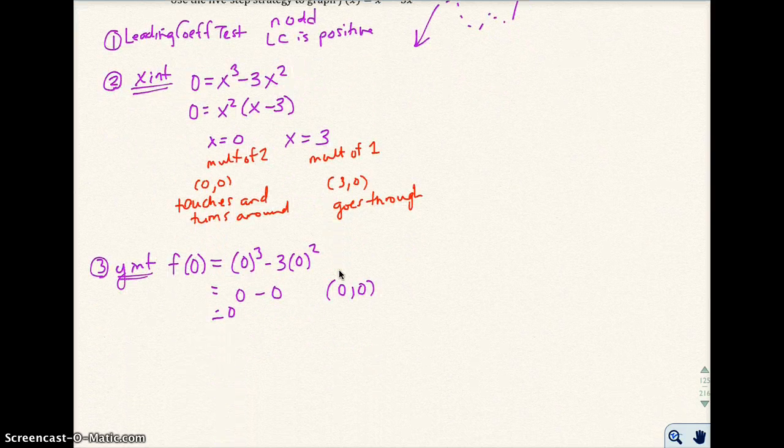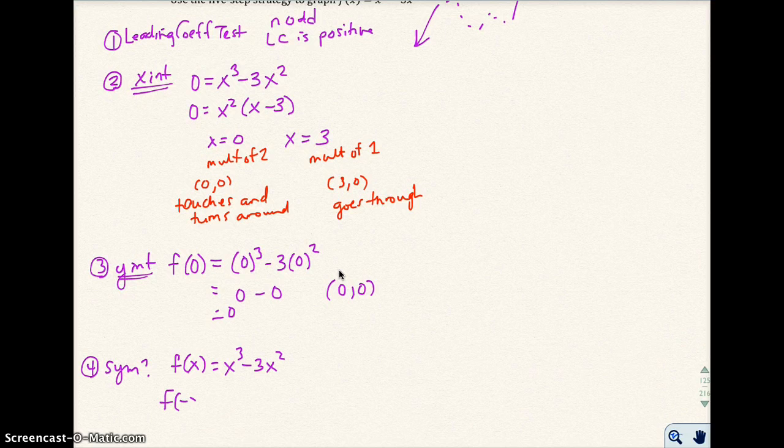Then we're going to go ahead and see if we have symmetry. The original function was f of x equals x to the third minus 3x squared. I put in negative x.